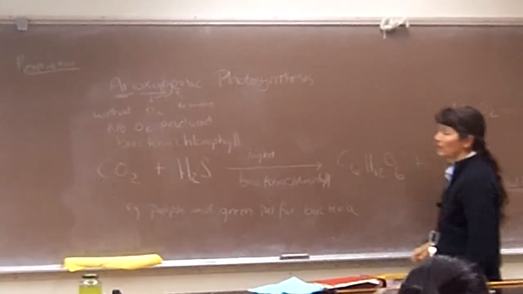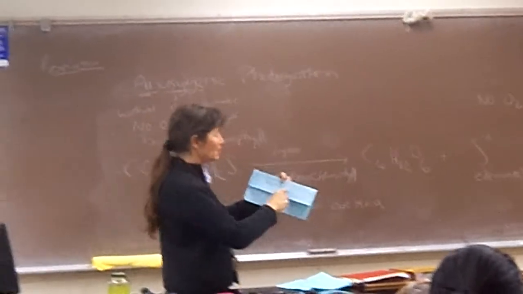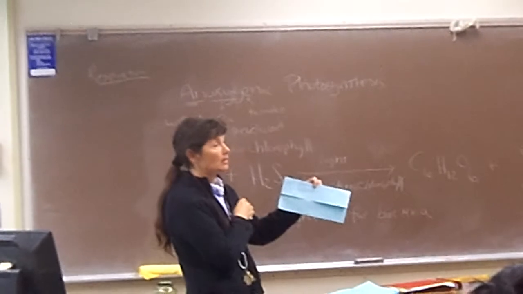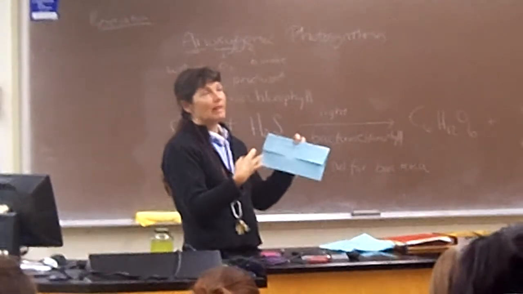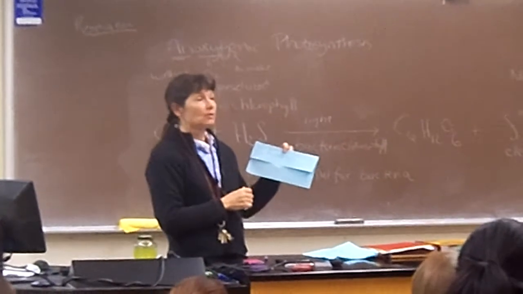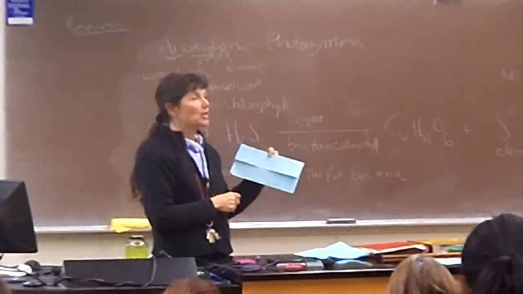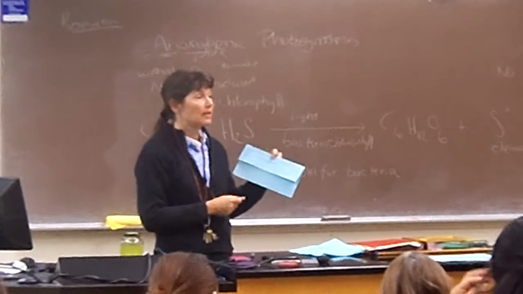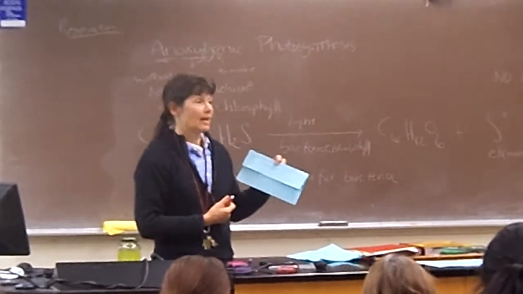All right? Now, in contrast, take a look at the right-hand column there. There's the more advanced form of photosynthesis, oxygenic photosynthesis. Oxygenic photosynthesis requires which photosynthetic pigment? Chlorophyll A, right?